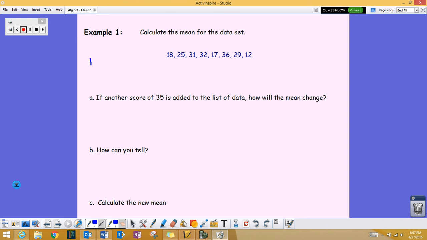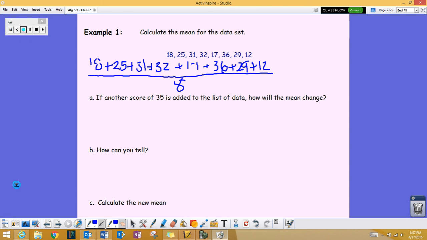So we are adding 18 plus 25 plus 31 plus 32 plus 17 plus 36 plus 29 plus 12.